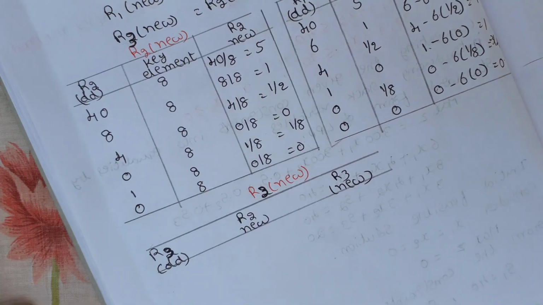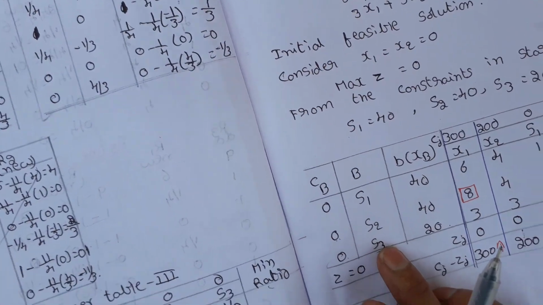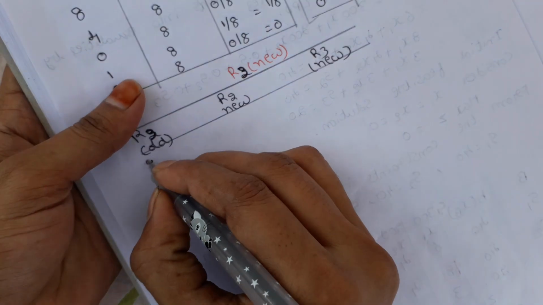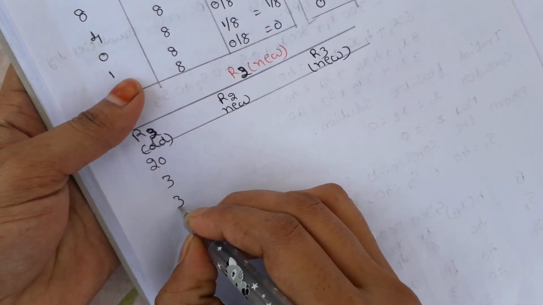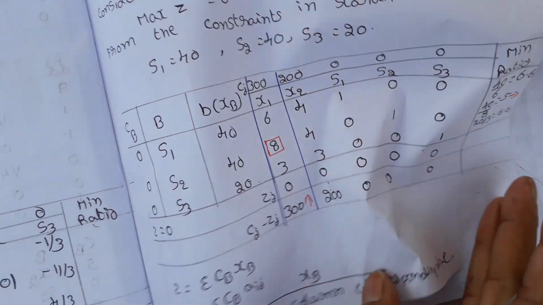Now, what are the values of R3 old? We will take them from the table: 20, 3, 0, 0, 1.